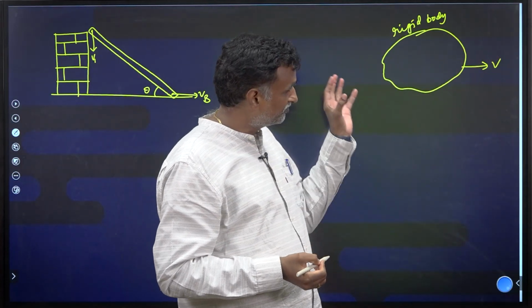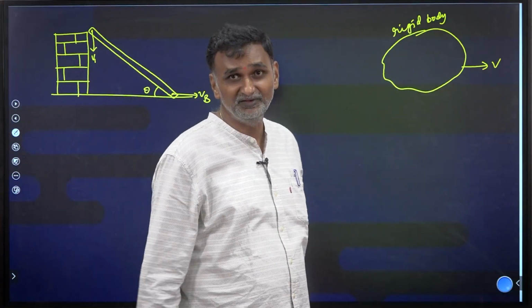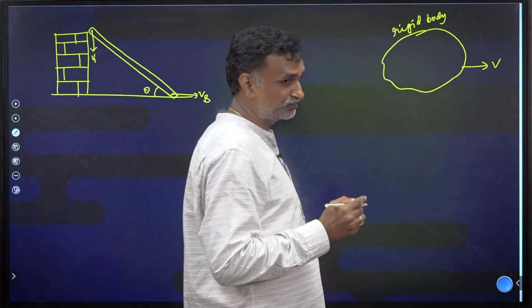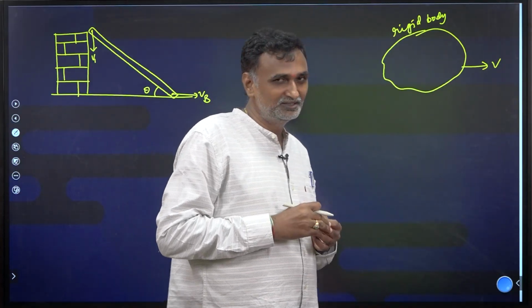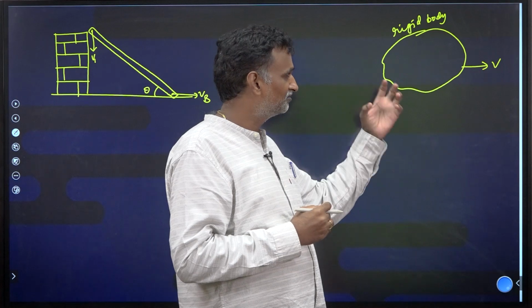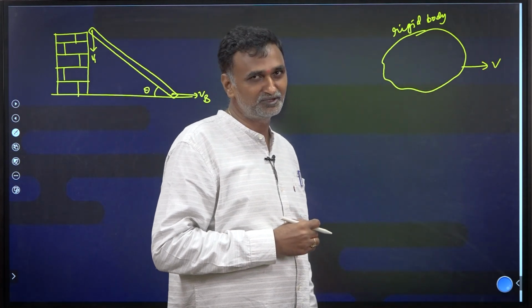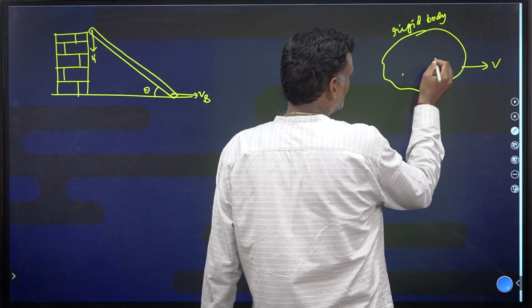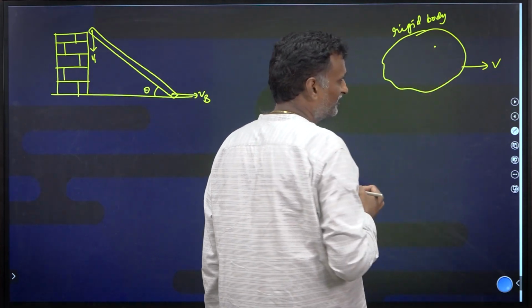then consider two particles of the rigid body, not separate particles we place. Some particles on the rigid body, we need to consider particles of the rigid body only. So I have considered one particle here and one more particle here.